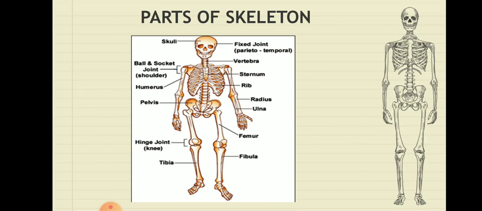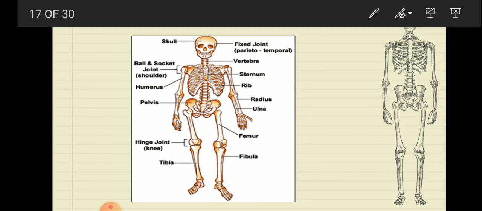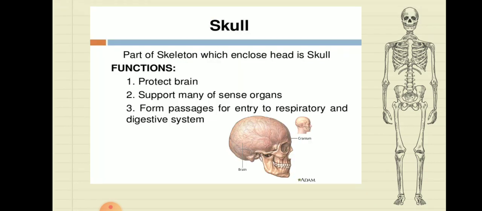When we talk about joints, we'll discuss the two types of joints. Then we have a joint present in the shoulders, the ball and socket joint. Then we have the bones in our arms and limbs. All these different kinds of bones which are situated at different locations, we are going to talk about in detail. So first we'll move on with our first part, that is the skull.